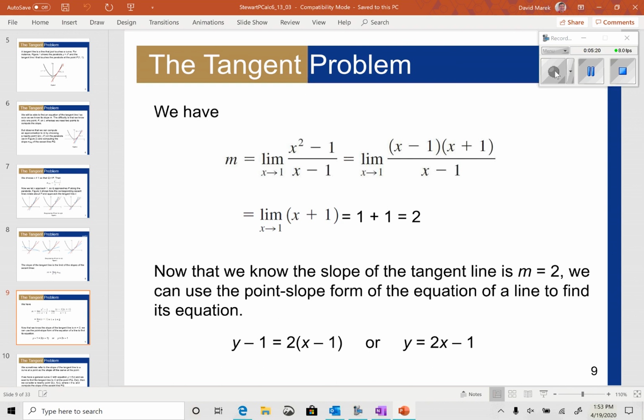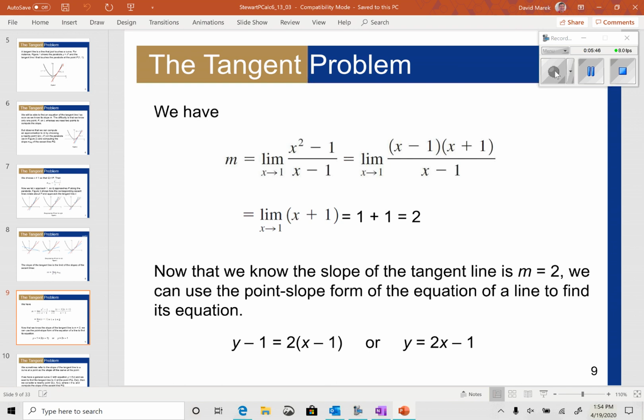Well, it's time for some algebra. Using the slope of the secant line, we're looking at the limit as x approaches 1, since we're going through the point (1, 1) on the parabola for our tangent line. We have x squared minus 1 over x minus 1. Factor that numerator: x plus 1 times x minus 1. Oh, look, we have common factors.